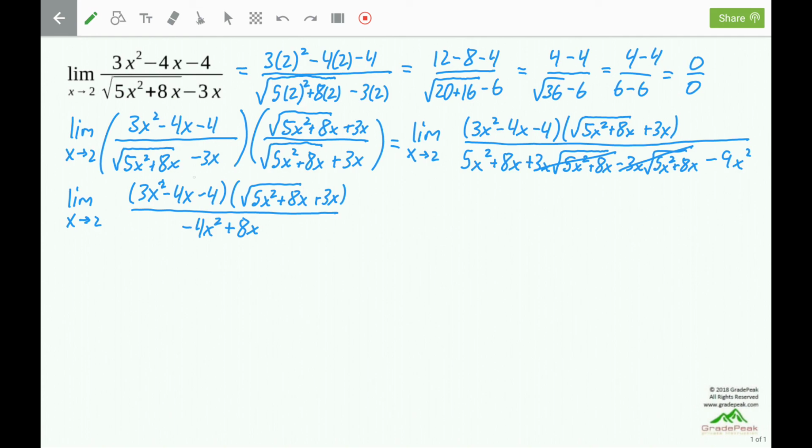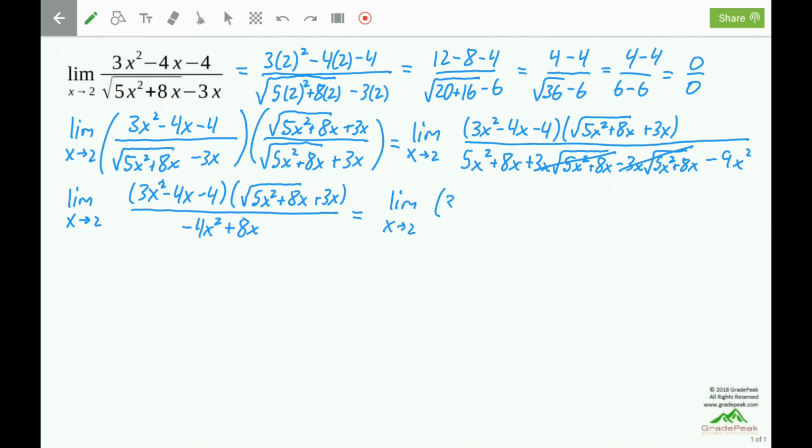We have a 0 happening in the numerator due to this expression, in the denominator due to this expression, so we're going to want to factor this. Since x is going to 2, I expect an x minus 2 factor in both the numerator and denominator. In the numerator, we have to factor the trinomial.